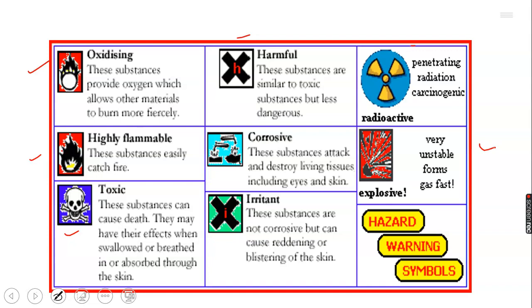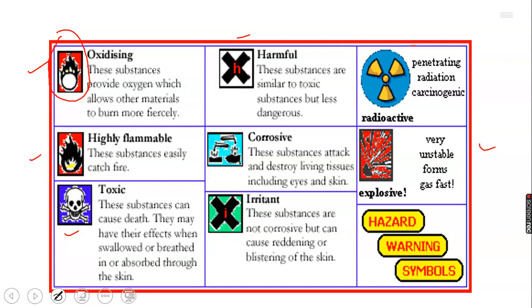For instance, let's look at the first one. When you see this very symbol, that means that very substance provides what? Oxygen. That means it can oxidize. It's an oxidizing substance. It provides oxygen and allows other material to burn more fiercely.